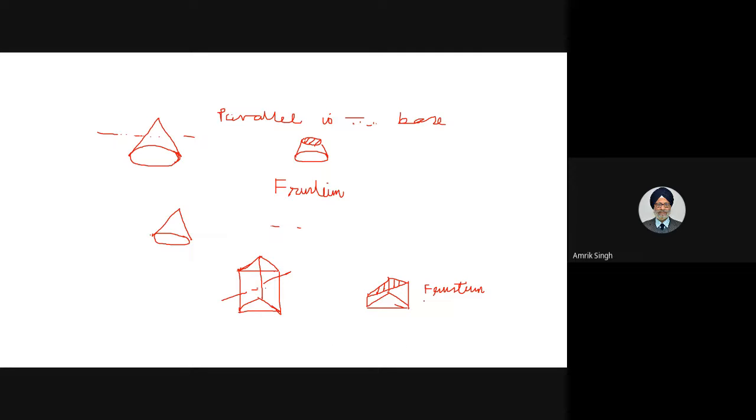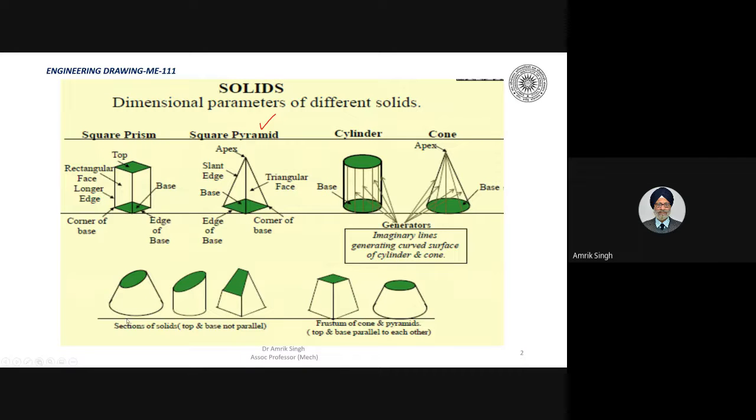And this is when we cut it inclined to the base. So now you see, these are the sections we were talking of. So when it is cut inclined, so this is the frustum. Okay? When we cut a cylinder, so this will be the shape. When we cut a pyramid, this will be the shape. And when this is parallel to the base, so the shape will be like this.